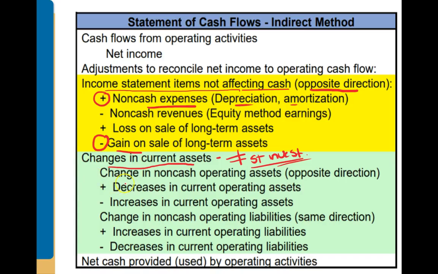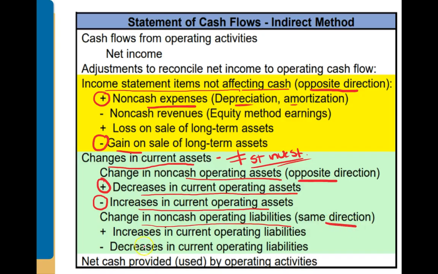So if I have a change in my non-cash operating assets, usually these are current assets, you do the opposite direction. If I have a decrease between the beginning of the year and the end of the year, I add it back. If I have an increase in my current assets, I subtract it. The only item that goes in the same direction is a change in the operating liabilities, the current liabilities.